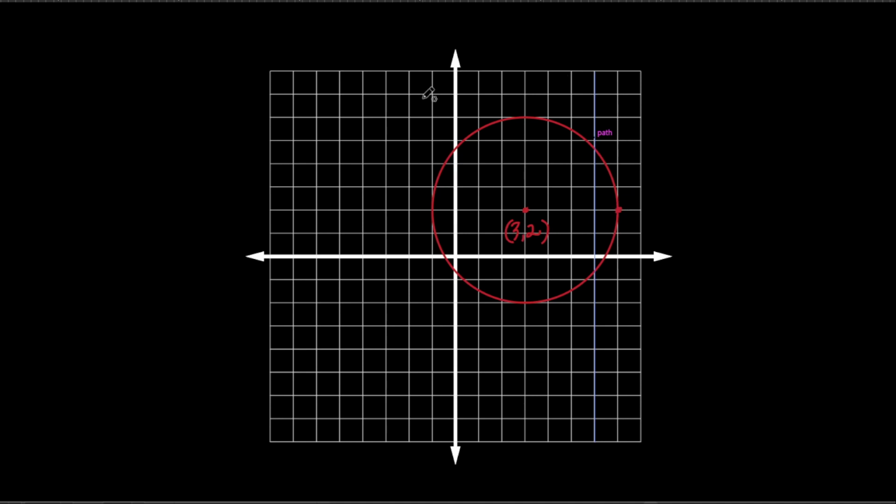So every point on the circle is the same distance from the center. If this point is 4 from the center, then everywhere, even right there, even though I can't count exactly where it is because it's in between those grid marks, that distance from here to here would still be how much? 4.